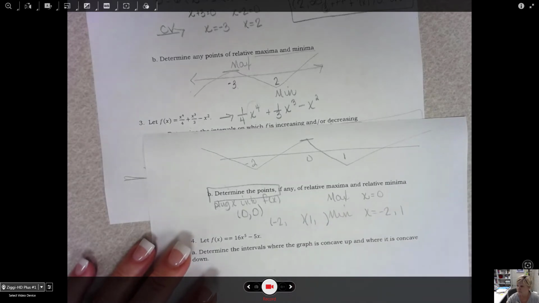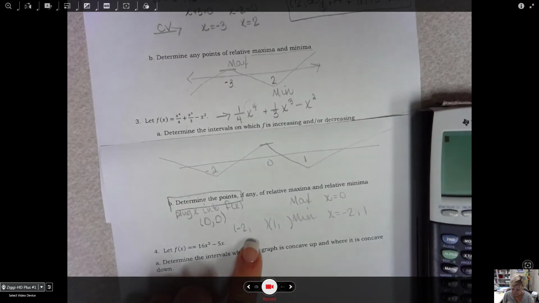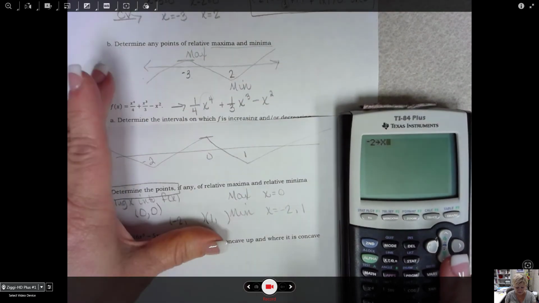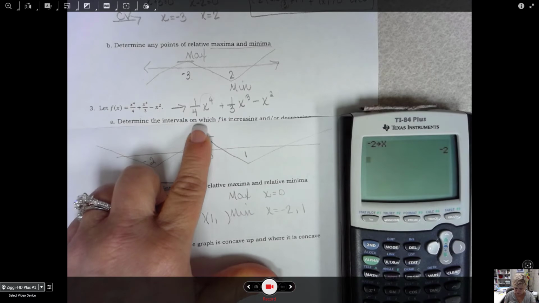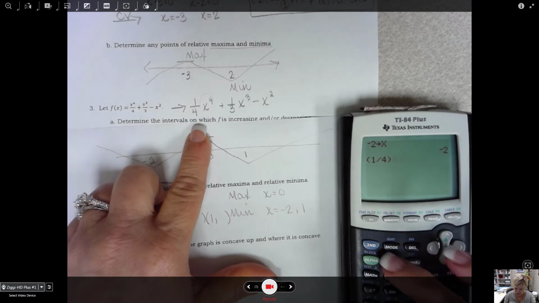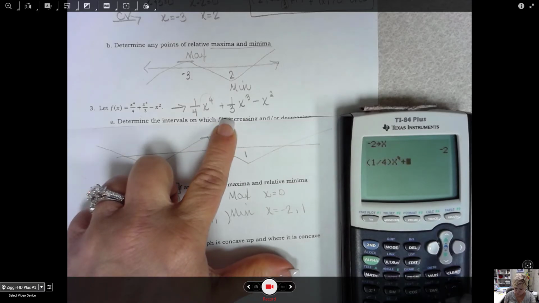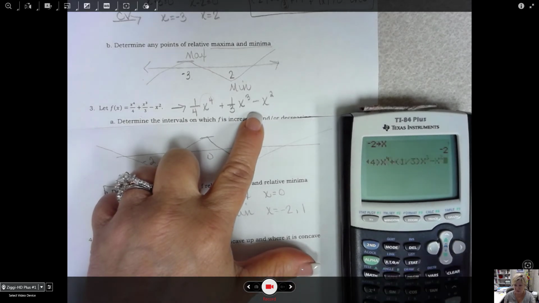We can plug that in. When x is negative 2, let me store that into my function. Then I can plug it into 1/4 x to the 4th power plus 1/3 x cubed minus x squared.